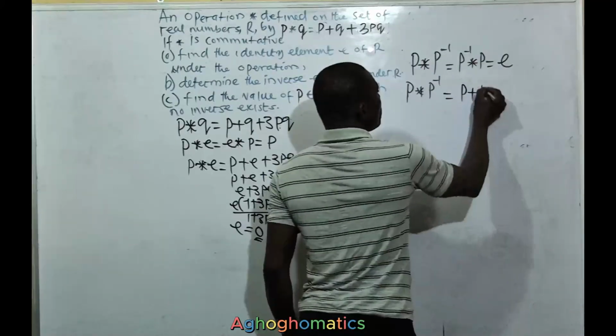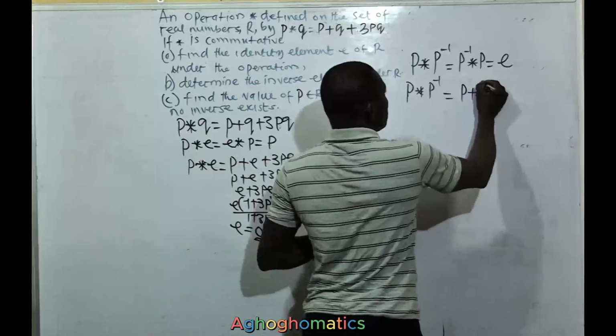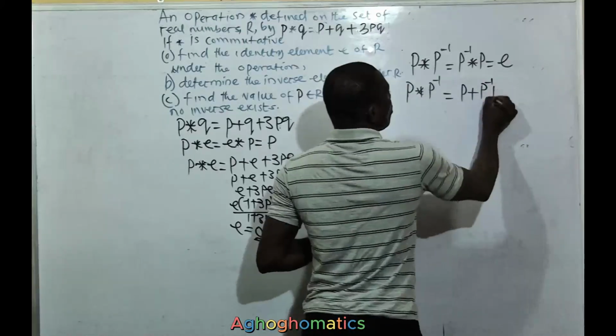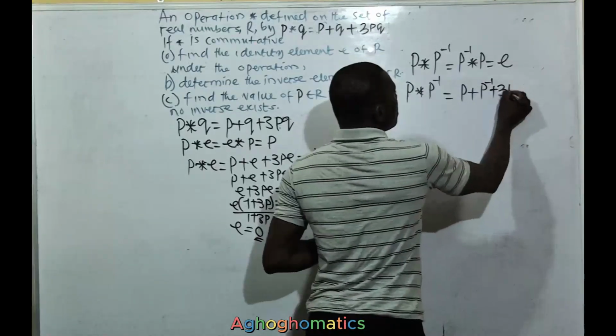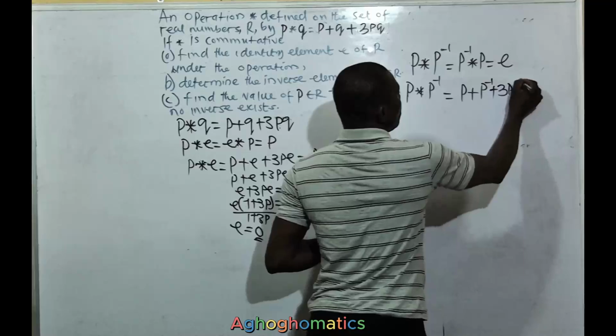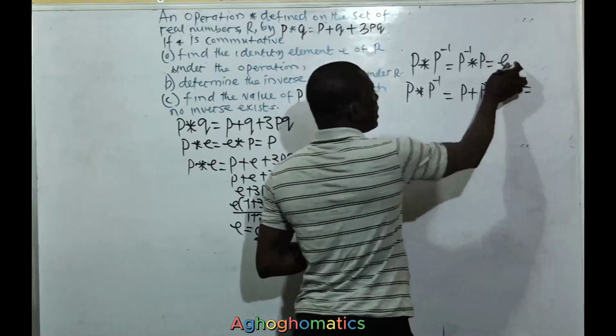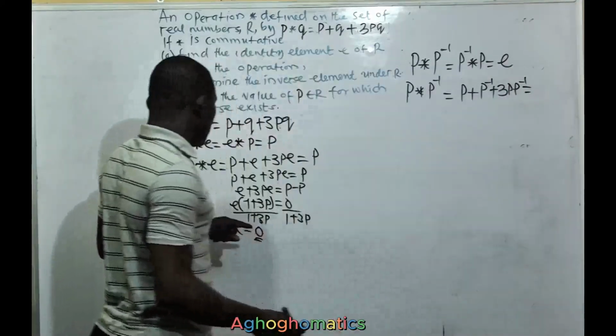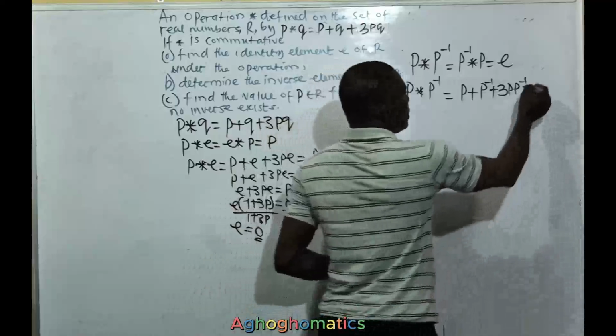So in place of Q now, we represent it with the inverse. P plus P inverse plus 3P times P inverse is equal to the identity element, and the identity element here is 0.